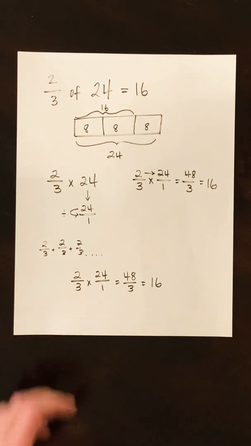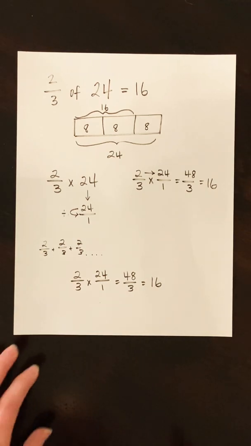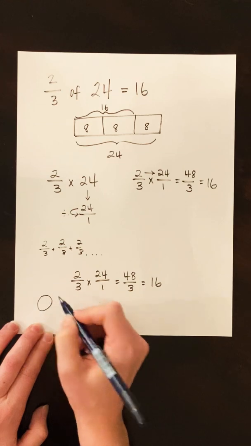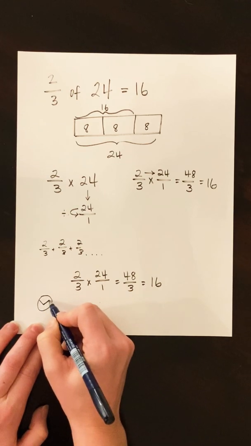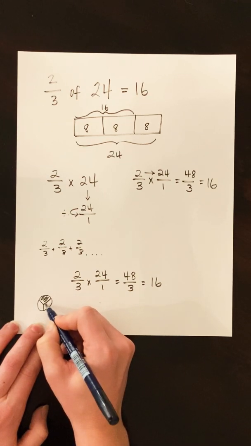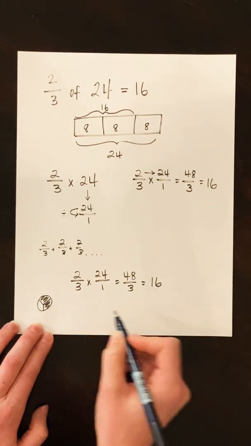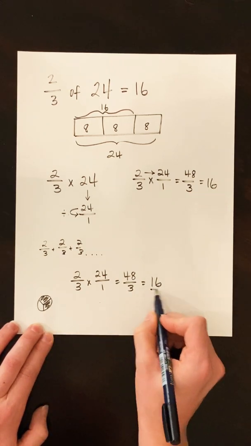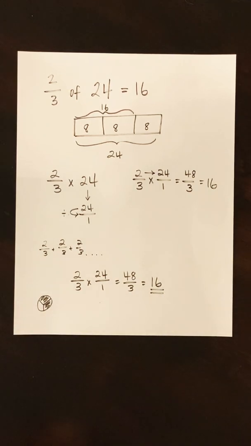So what that means is if I have 24 bags of candy, and I could draw that out, it would take forever. They each weigh 2/3 of a pound. If I added all that up, it would be equivalent to 16 whole pounds.